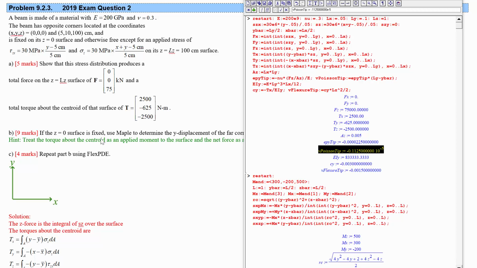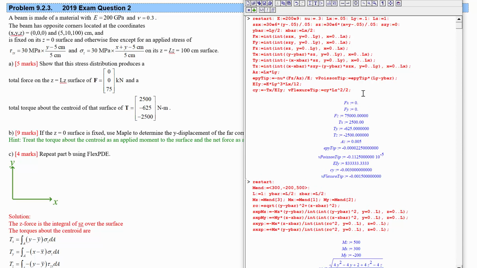We have no shear force, so the shear displacement at the tip is going to be 0, but we do have a twisting moment. We have a moment in the z direction on this z surface, and that's going to lead to a torsional strain. How do we work that out? Well, we have a constant moment in z applied, tau z, or Tz, torque z here.